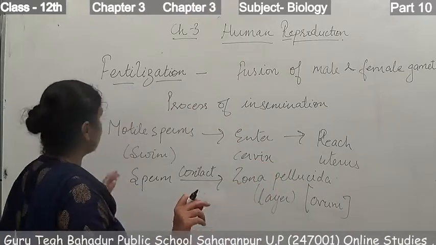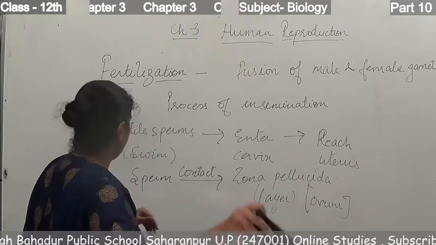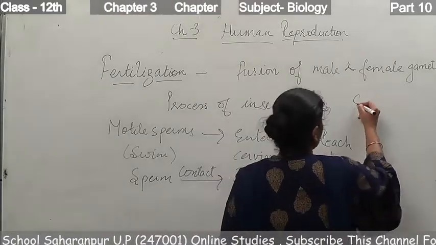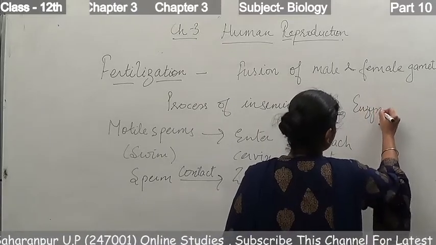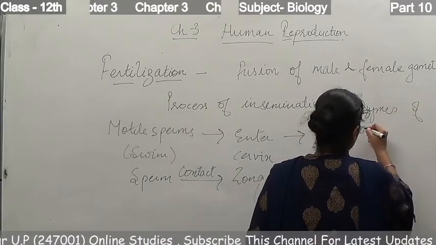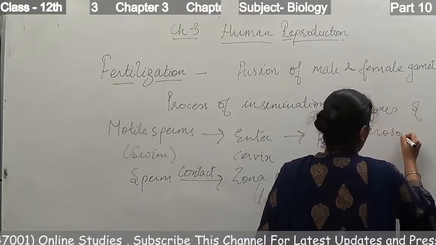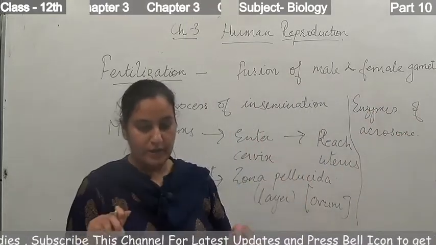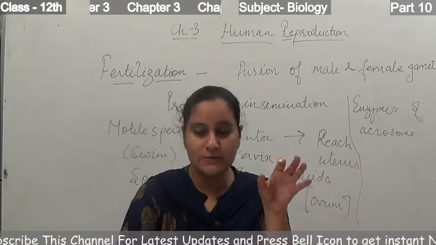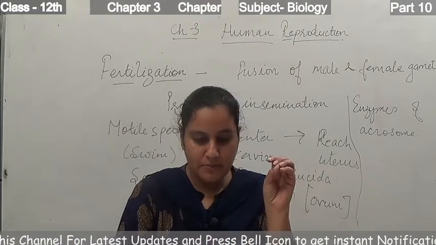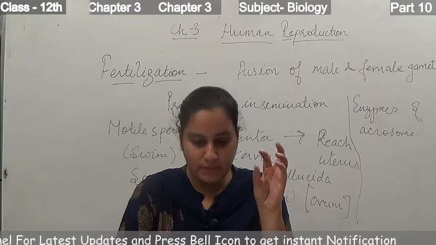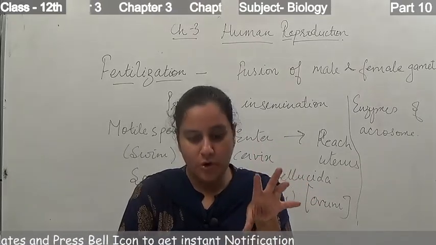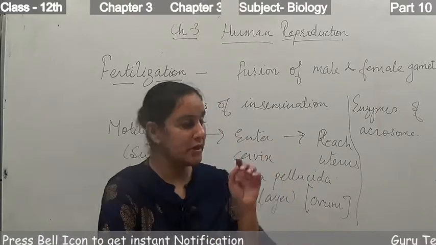Now after this process, what happens? Okay, I will write here. The enzymes of the acrosomes. Now what will they do? The enzymes of the acrosomes help to dissolve this layer and the plasma membrane of the ovum, and the sperm head is allowed to enter the cytoplasm of the ovum, that is the secondary oocyte.